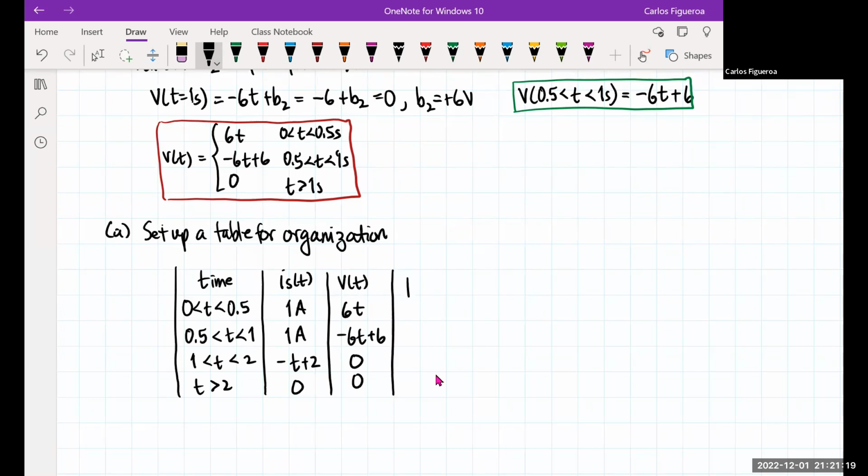Now if I look at the power, which is I times V, I just have to multiply these together. So this will give me 6t, minus 6t plus 6, 0, 0. To get the energy, we have to integrate the power as a function of time.